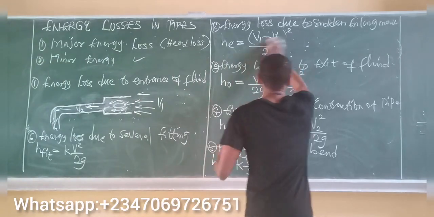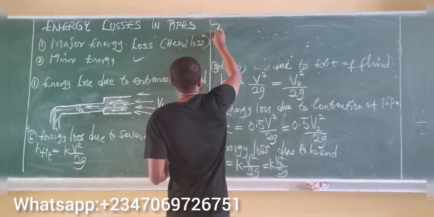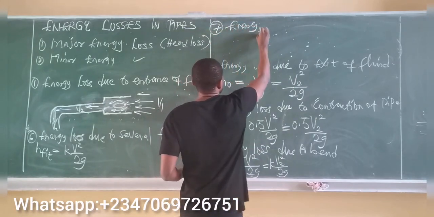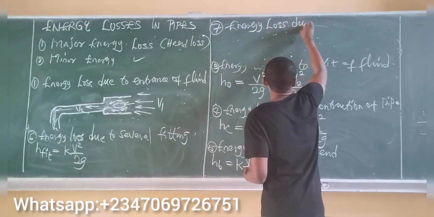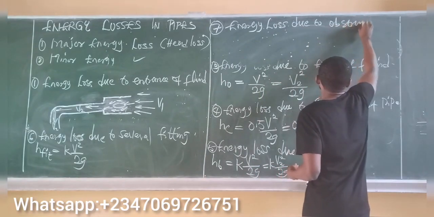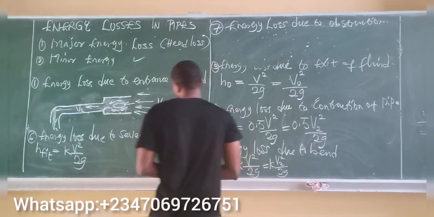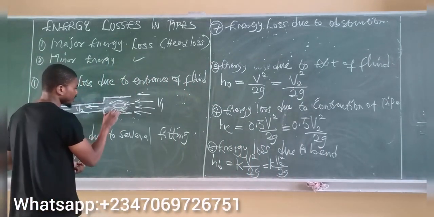So 7 is called energy loss due to obstruction. If there's an obstruction in the path of fluid flow, it will cause a decrease in energy.